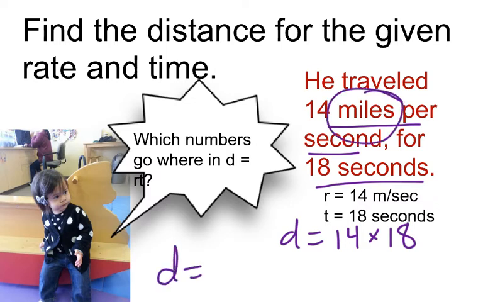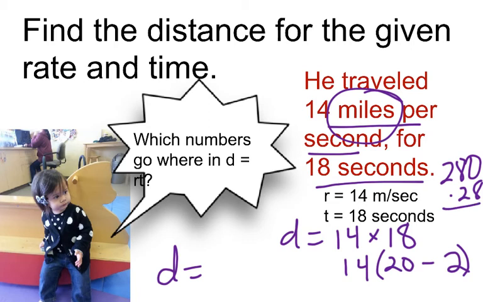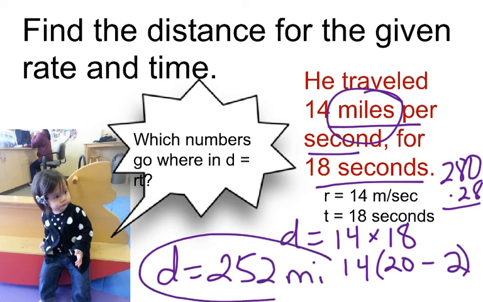So my distance equals, I can use the distributive property to make this, of course, 20 minus 2 and multiply that by 14. 14 times 20 is 280. 14 times 2, of course, is 28. 280 minus 28 would give me 252 miles.